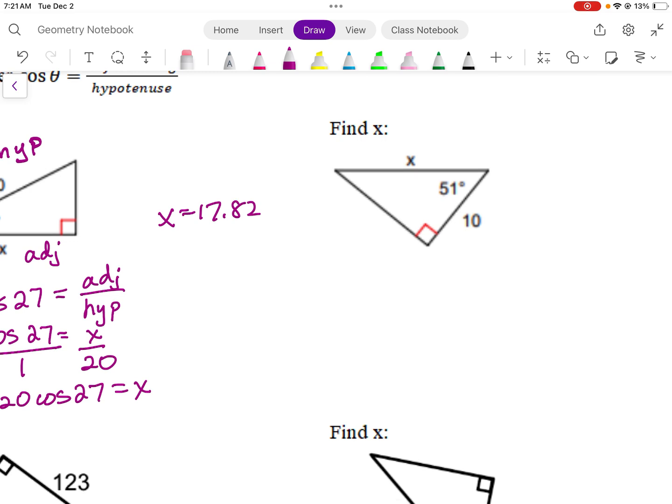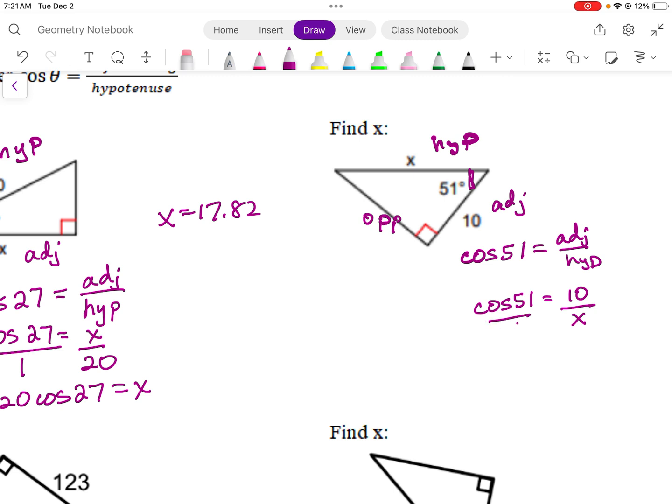In the next one, here's my angle 51. X is our hypotenuse. 10 is our adjacent, because over here is the opposite. So cosine of 51 is adjacent over hypotenuse, so cosine 51 is 10 over x.